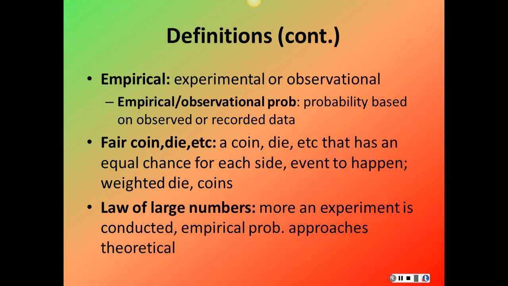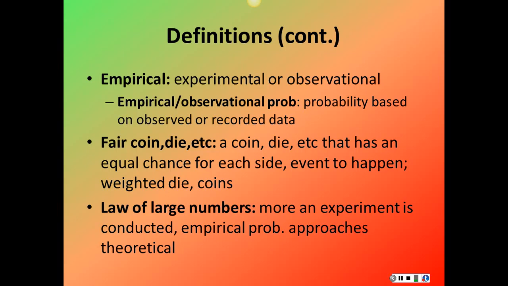A couple other things: fair coin or fair die, for example. The idea is that each side has an equal chance of happening, as opposed to weighted dice or weighted coins. And again, this goes back to the idea of theoretical probability with events that are equally likely to occur. The law of large numbers says that the more an experiment is conducted, the more likely the empirical probability gets closer to theoretical probability.